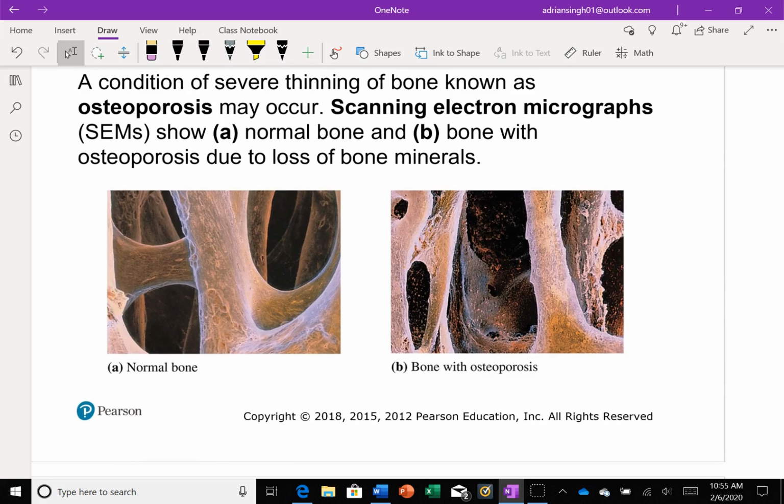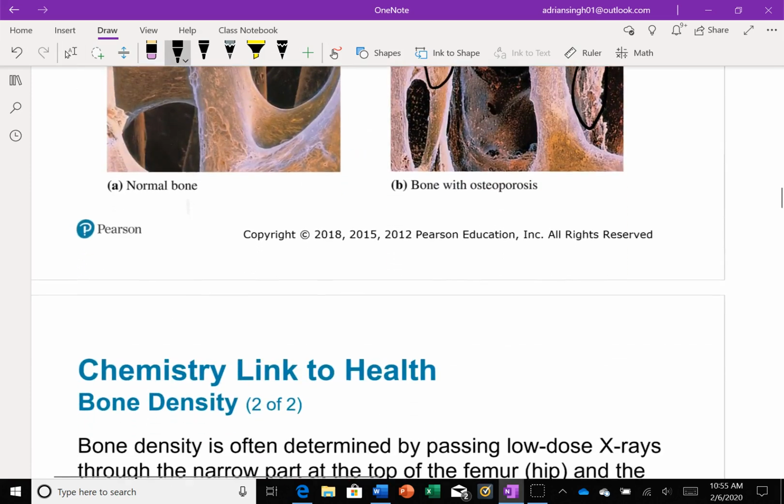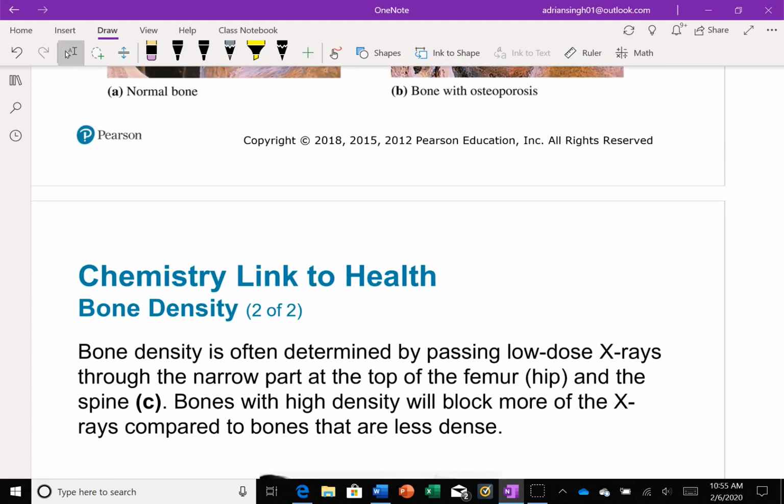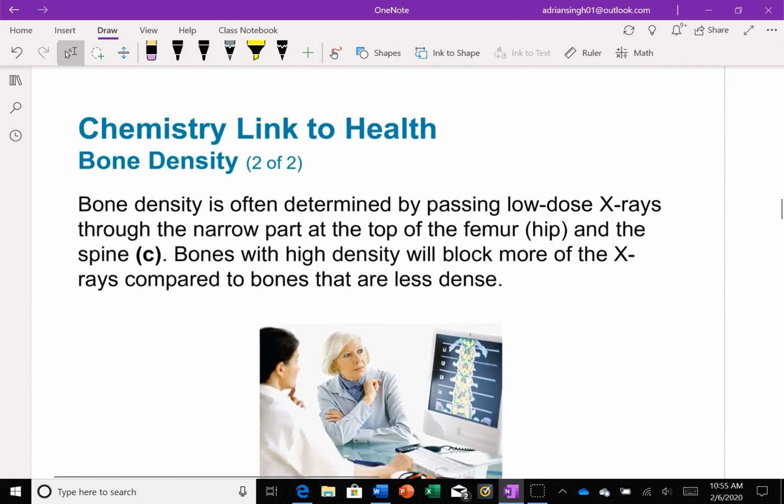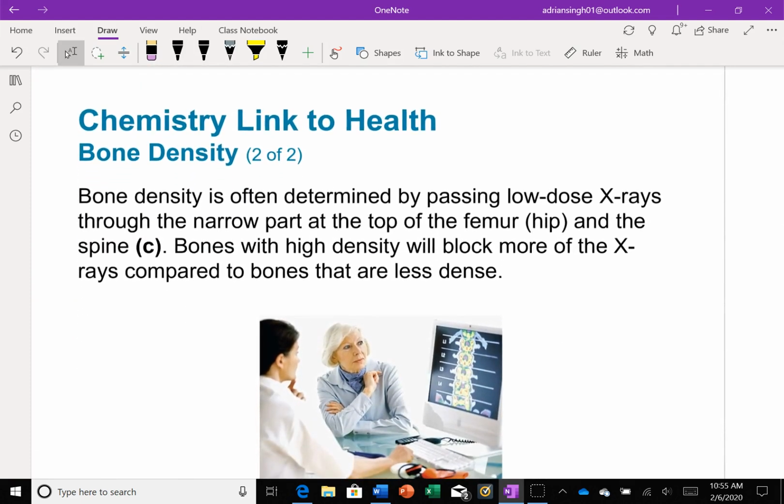So on the left side here you see normal bone, on the right side you see a bone with osteoporosis, and you can see there's just less material in here. There's less mass in there, even though it occupies the same volume, which would make the density lower. And then as a result, less dense bone tends to be a little more fragile than bone that is denser. And then, in the lab or at the doctor's office, X-rays are typically used to take a look at bone.